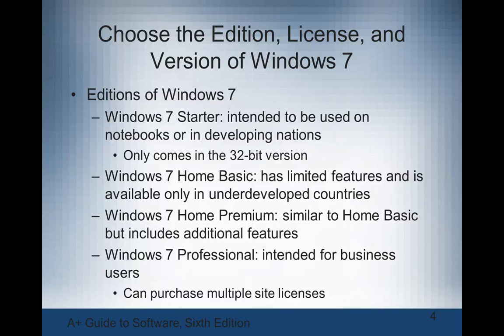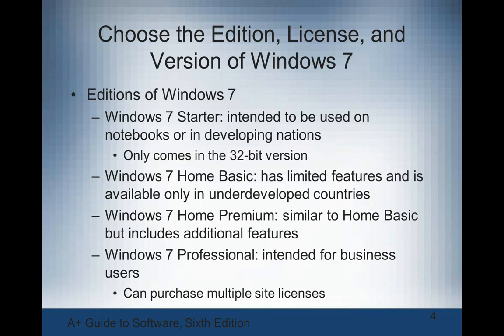Windows 7 Home Basic is limited, not a whole lot in it. These are the kinds of things that Microsoft got in trouble for with Vista, when we had these Vista-capable machines. What that meant was it would run the operating system but don't try to do anything else, like type a document. Home Basic: limited features, available only in underdeveloped countries.